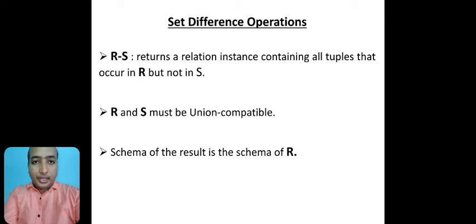For example, if relation R has two attributes, then relation S must have exactly two attributes. You cannot have less than 2 or greater than 2. If the number of attributes in both relations is the same, then we call it union compatible, and the attribute domains should also be the same.